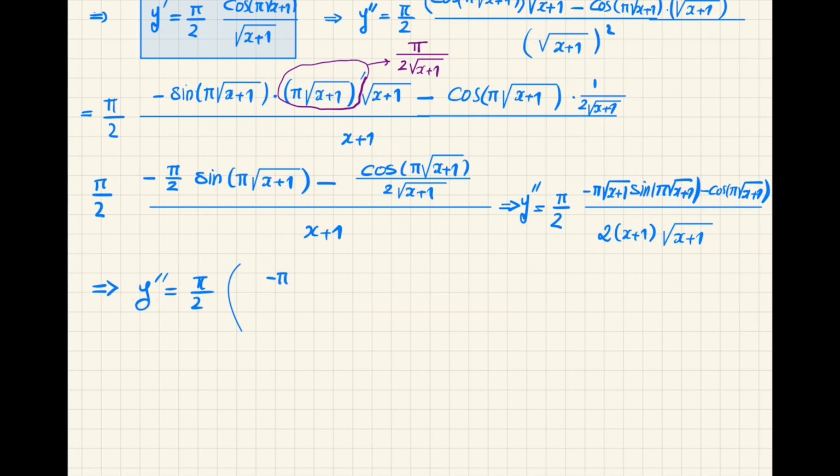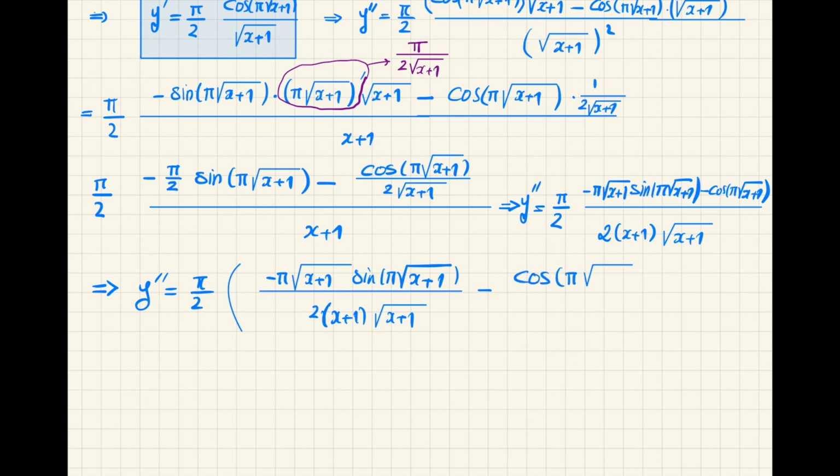That's minus pi square root of x plus 1 sine pi square root of x plus 1 divided by 2x plus 1 square root of x plus 1 minus cosine pi square root of x plus 1 divided by 2x plus 1 square root of x plus 1.